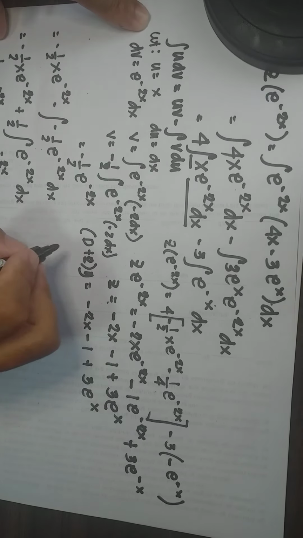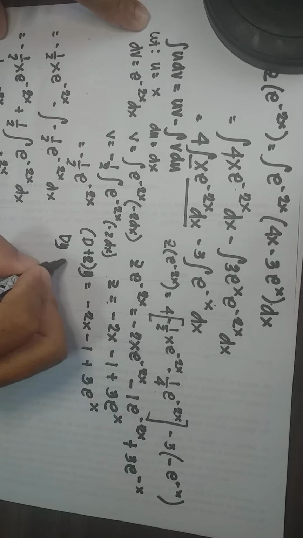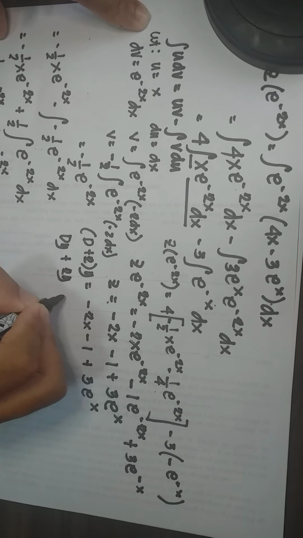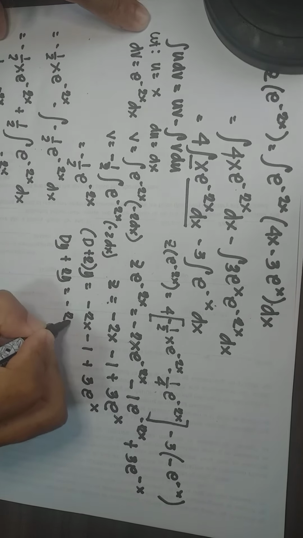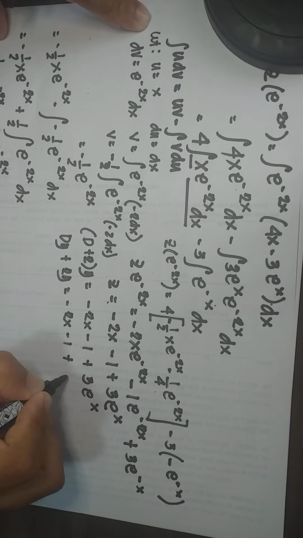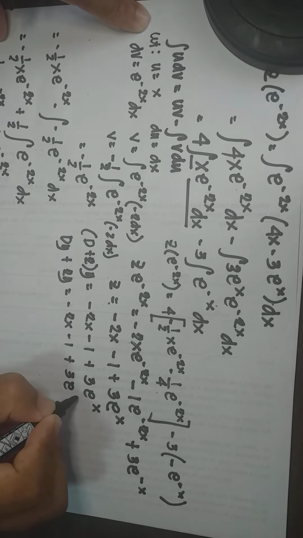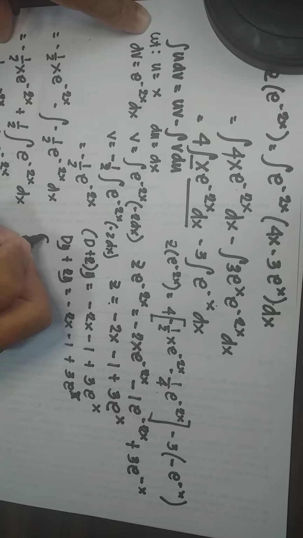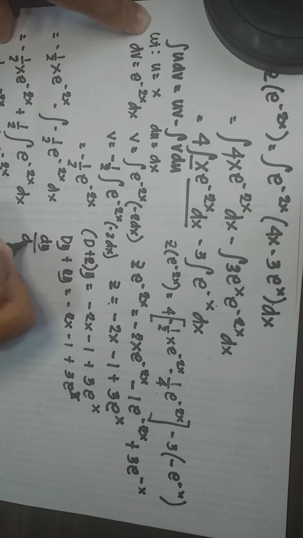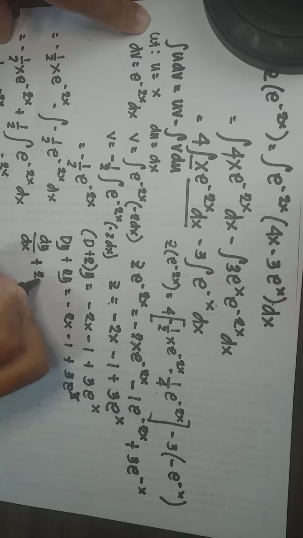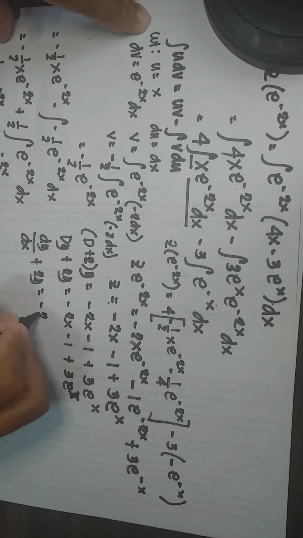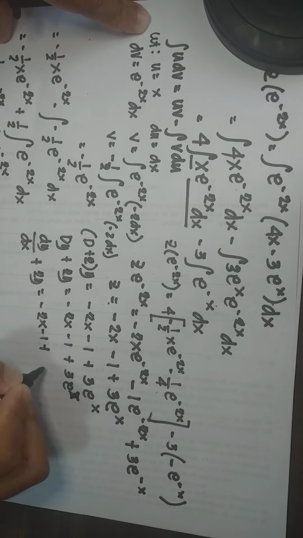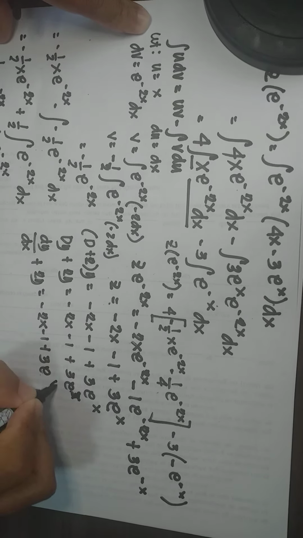Again, distributing y, we have dy over dx plus 2y is equal to negative 2x minus 1 plus 3e to the x.